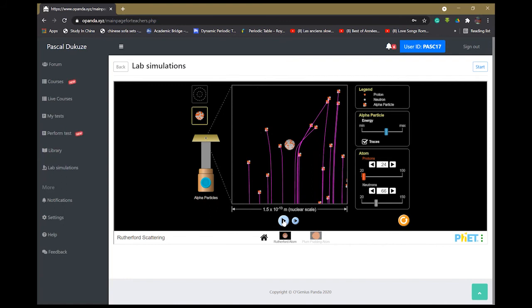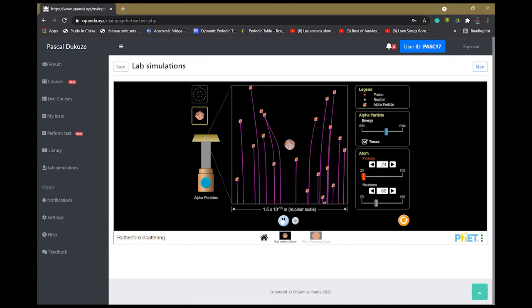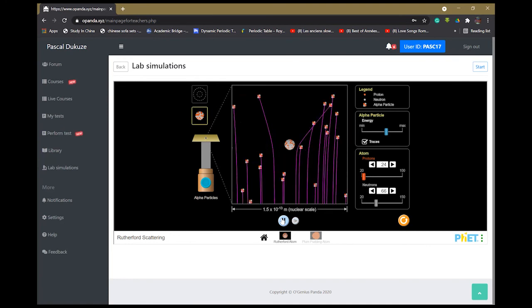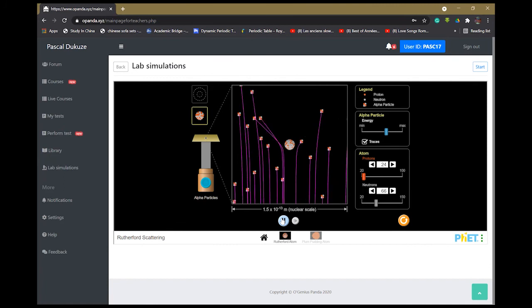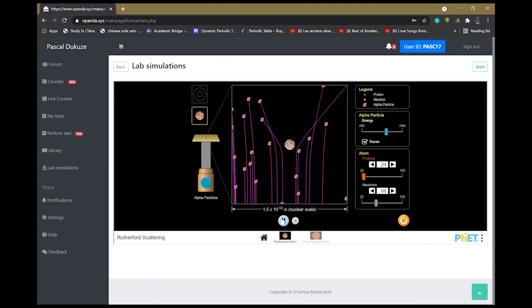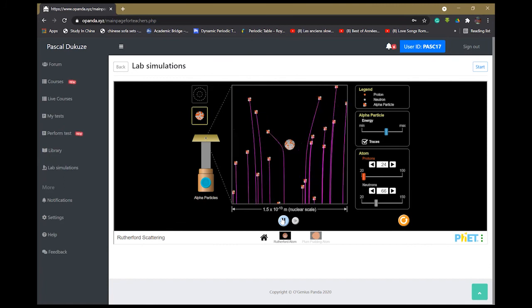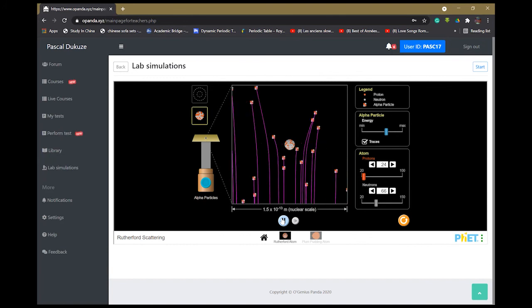As we know, particles which have similar charges always repel. So if some of the alpha particles are being repelled, being deflected, it is because there is a small portion of the atom which carries the same charge as the alpha particles, and they generate a repulsion.